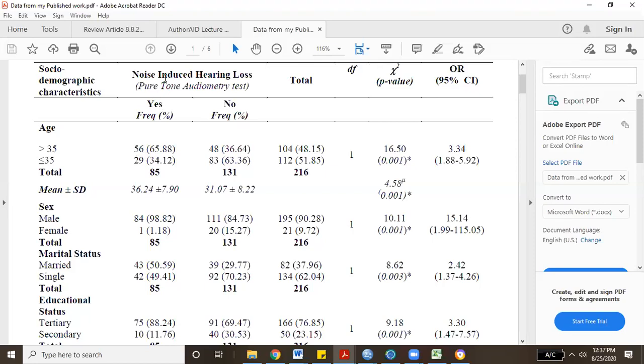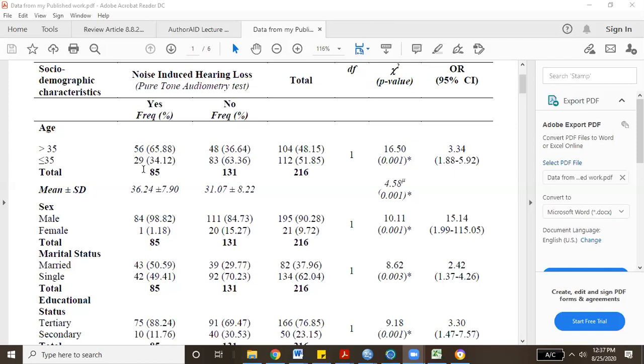Those that had noise-induced hearing loss were 85, and those that did not have noise-induced hearing loss were 135. Now, this number is quite high because the population where I collected this data from were exposed to noise almost every day because they play instruments in their various churches. So that's why the number is quite high.